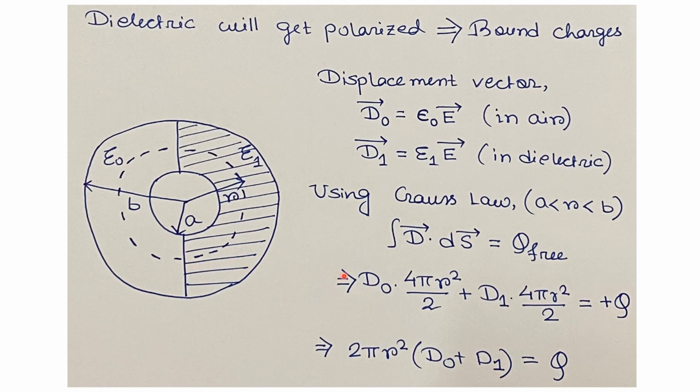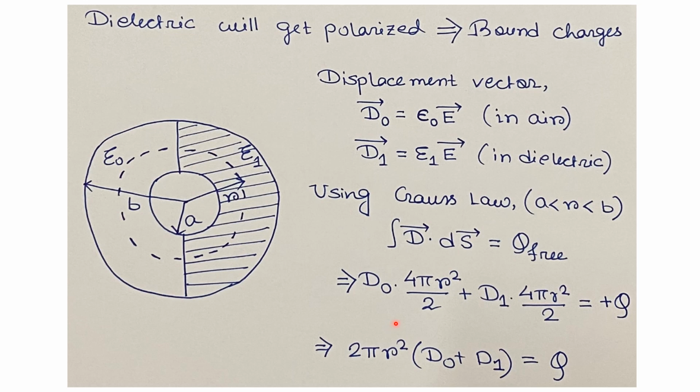So we can write this surface integral as D naught times 4 pi r square by 2, which is the surface area of the closed surface in the air region, plus D1 times 4 pi r square by 2, which is also the surface area, that is the half of the spherical surface area in the dielectric region, and the free charge enclosed by the surface is plus q.